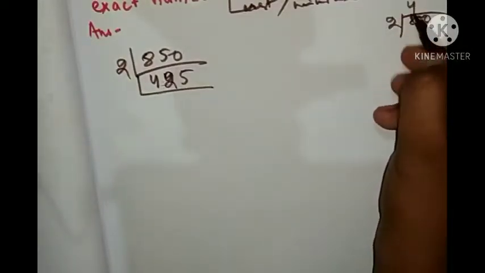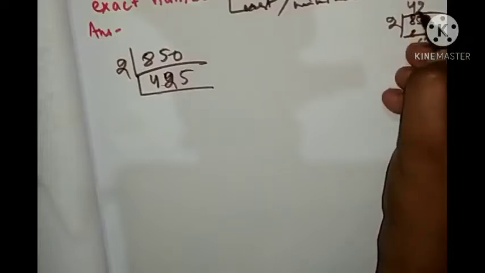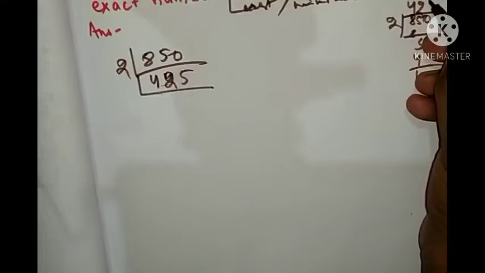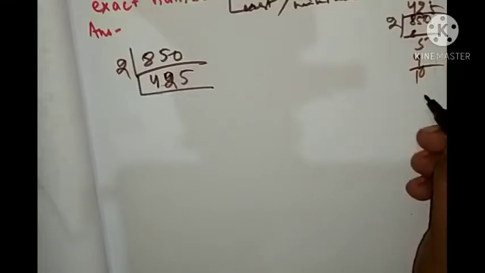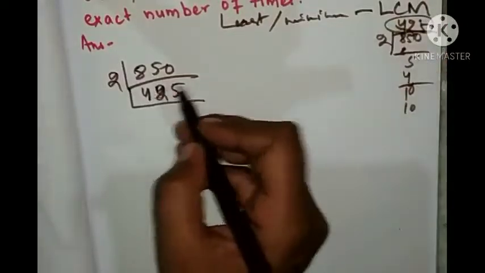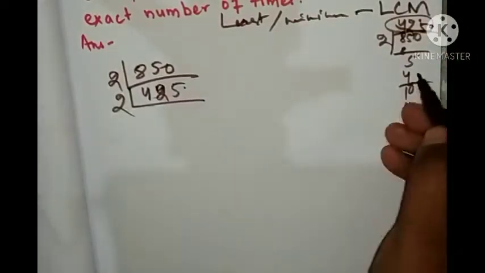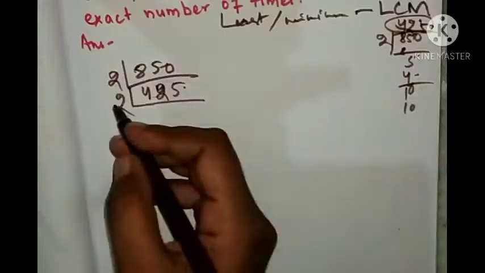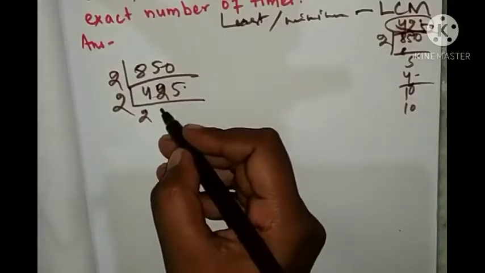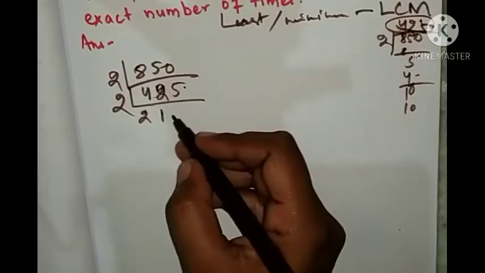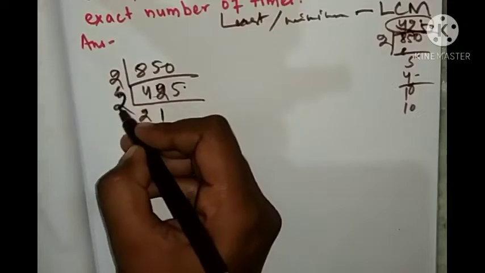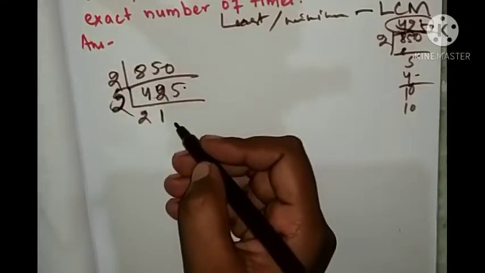Like 2 4s are 8, 5, 2 2s are 4, 1, then 0, 2 5s are 10. Like that I can find the quotient and write it here. For this you can also do it on the rough page. So 2 2s are 4, then 2 1s are 2, then 2, sorry, not 2. It will divide by 5. It will divide by 5.